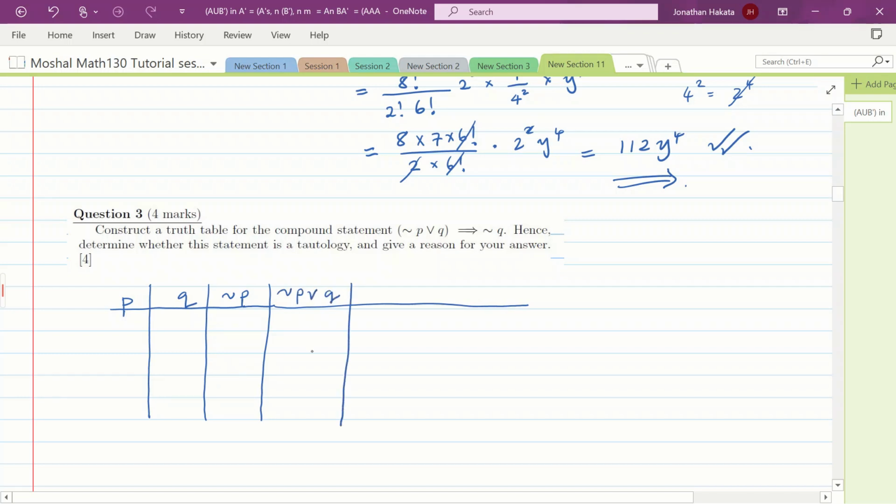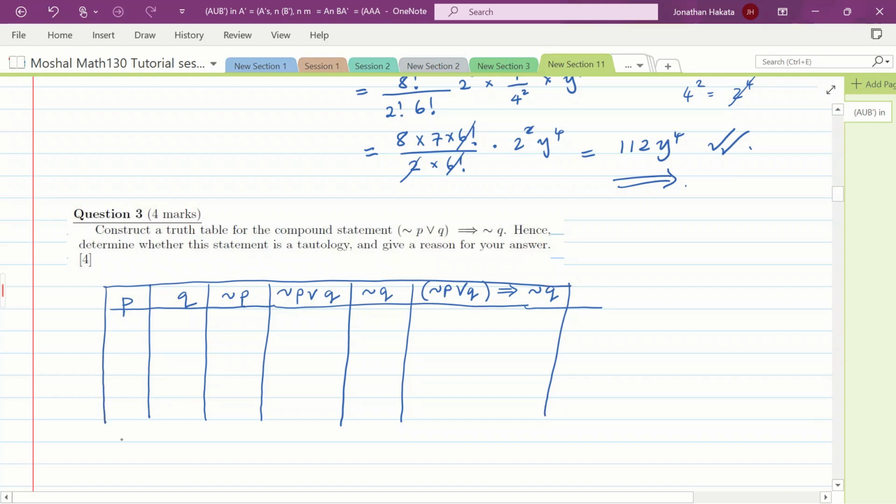Now we will need this column implying a node Q. So we will require also a node Q. The order doesn't matter. Okay, but the final column should be the overall thing: node P or Q implying a node Q. So the final column will contain the overall statement.